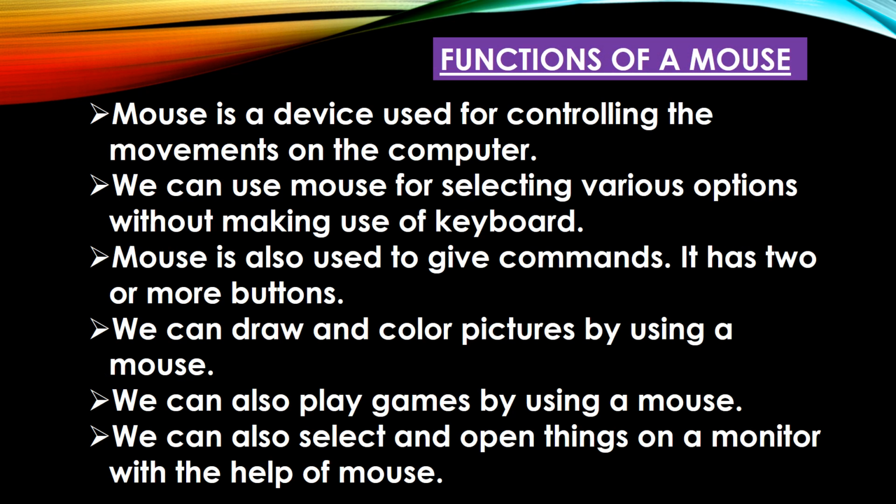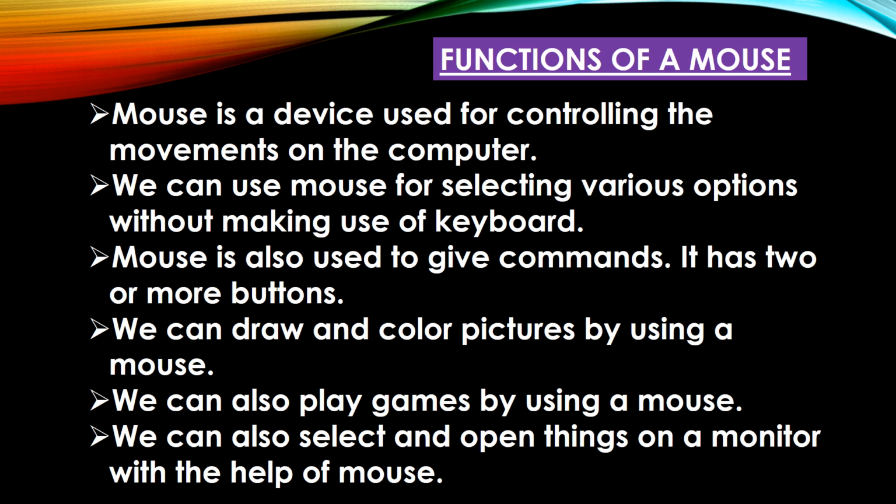Mouse is a device used for controlling the movements on the computer. We can use mouse for selecting various options without making use of keyboard. Mouse is also used to give commands.